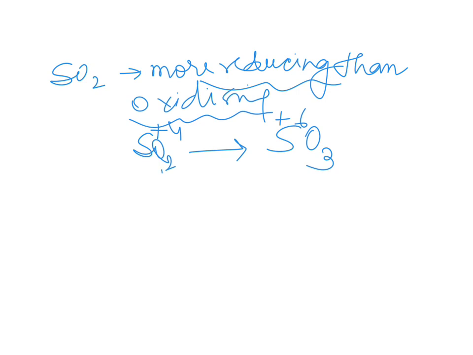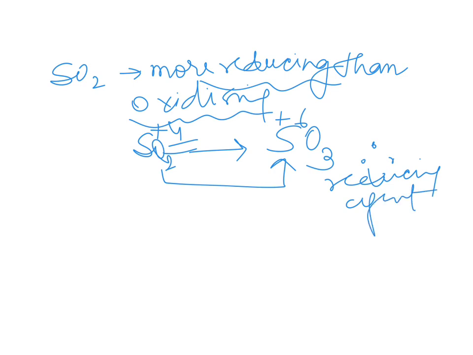Means it wants to come to the +6 oxidation state as compared to the +4 oxidation state. That's why it acts as a reducing agent rather than an oxidizing agent. And the oxidizing power of these, that is from sulfur dioxide to tellurium dioxide, increases.